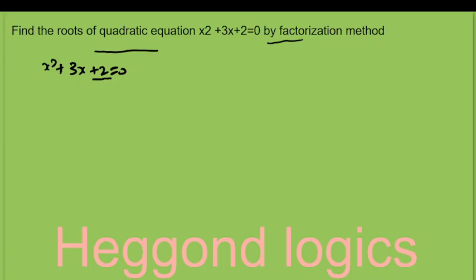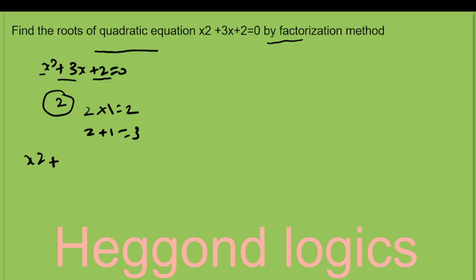Here the constant term is 2 and the coefficient of x square is 1. The product should be 2 and the sum of the integers is plus 3. Now we choose the integers 2 and 1. 2 into 1 we get 2, and 2 plus 1 is 3. Now the middle term is split up into 2x plus x.